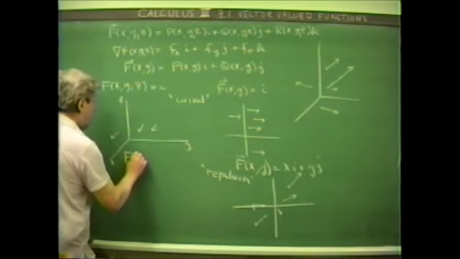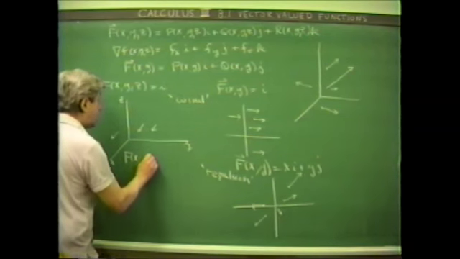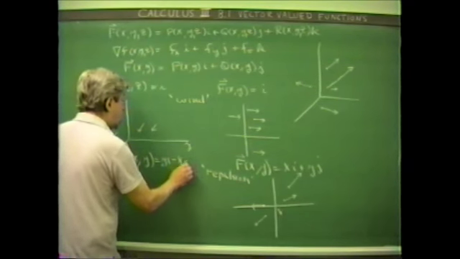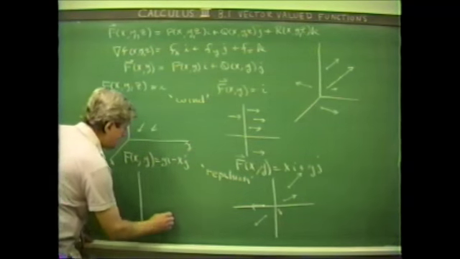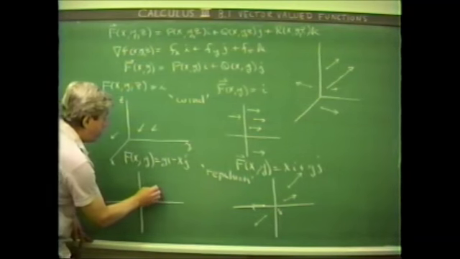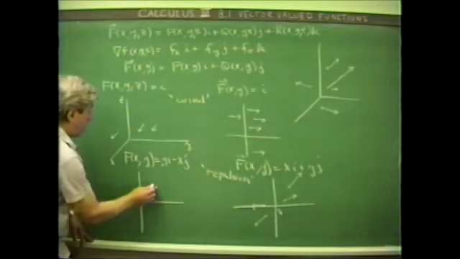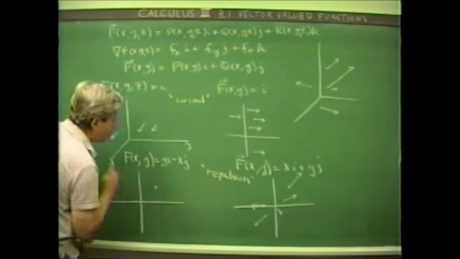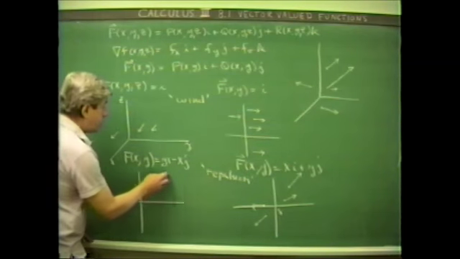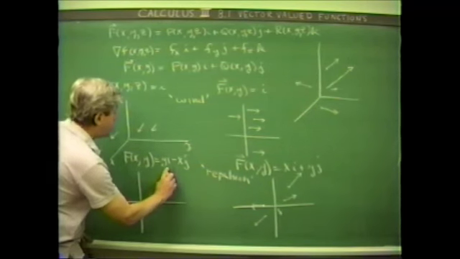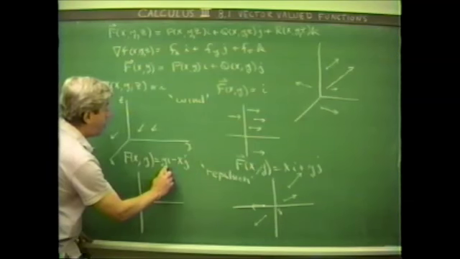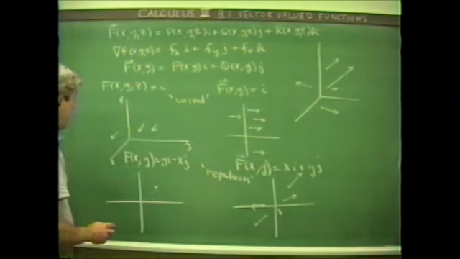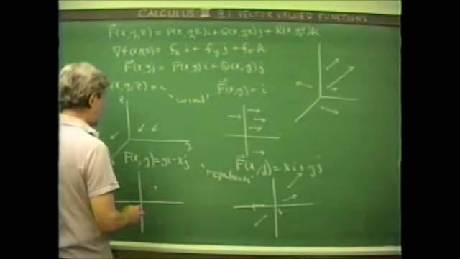Let's look at f of x and y equals y i minus x j. At each point in the plane here, there's a vector whose magnitude is the same as the position vector going to the point, except its direction is perpendicular. The position vector at this point, x, y, if you dot it with y i minus x j, you get 0.